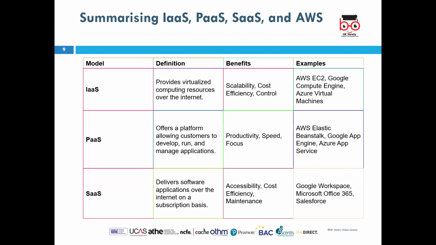So here, this table gives us a more detailed explanation of how they work. We've seen the benefits, and here we have examples of them. Example of infrastructure as a service, we have AWS EC2. Example of platform as a service, we have AWS Elastic Beanstalk.